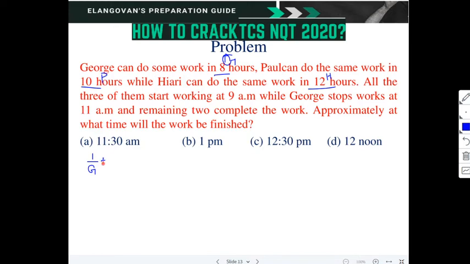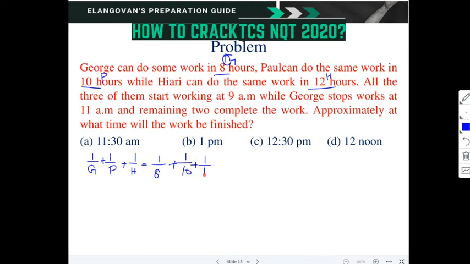Since all the three are working, the total part completed by George, Paul and Harry in 1 hour is 1/8 plus 1/10 plus 1/12.